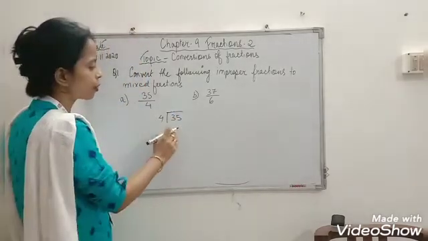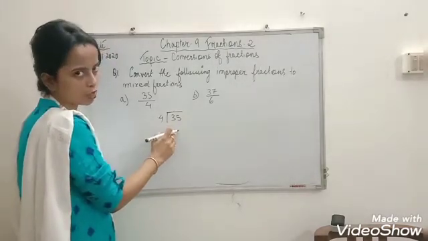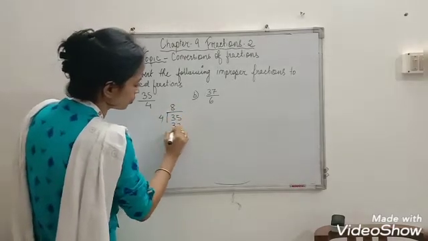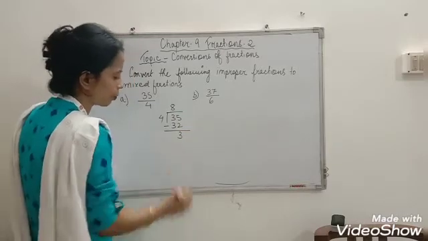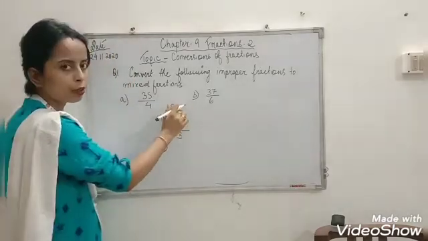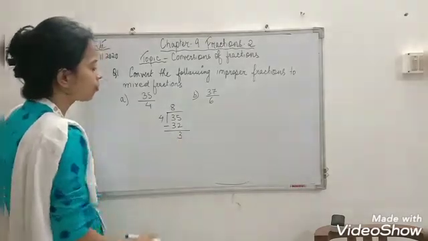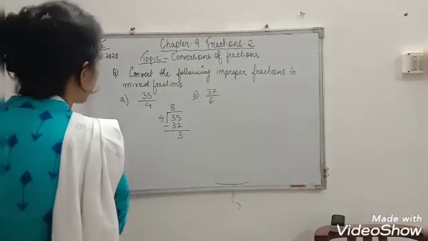We will take a number less than or equal to 35. So 4 into 8, 32. So 35 minus 32, 3. 8 is the quotient. 3 is the remainder.